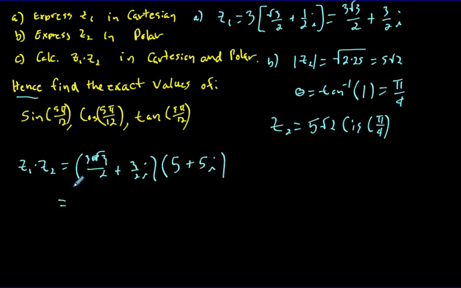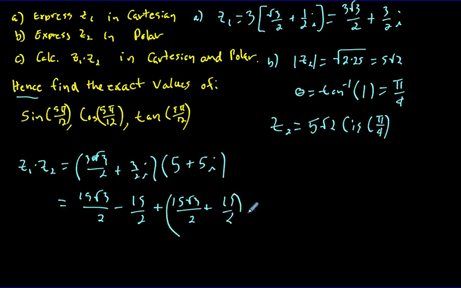Good. So I'm going to try to keep things organized here in my real and complex parts, because we know what's going to happen here. The first one is this times this, so that's going to be 15 root 3 over 2. And the other real part will be this times this, which makes that a negative 15 halves. That's our real part. And then I'm going to keep our complex parts together, right? So we'll do this one times this guy, it's going to be 15 root 3 halves plus this guy is going to be plus 15 halves.